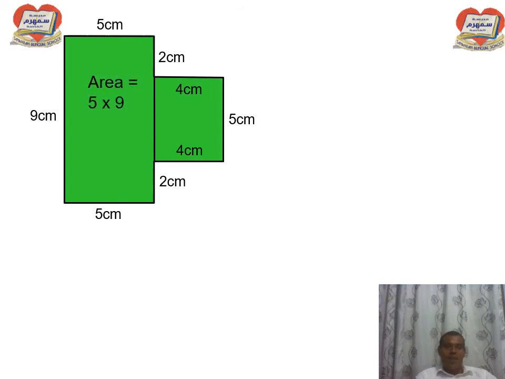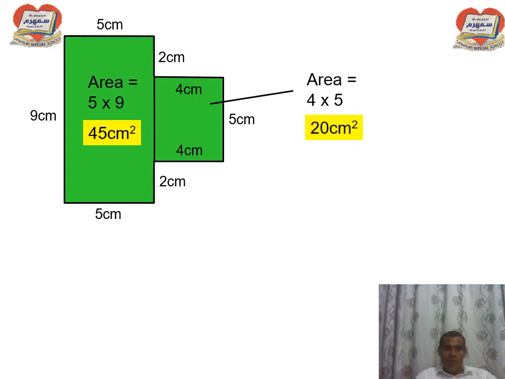But the area, you will divide this into 2 rectangles. This is the width 5, the length is 9, so area is 9 by 5 gives 45 centimeters squared. The second rectangle, the width, my learners, is 4, the length is 5. So 5 multiplied by 4 gives 20.